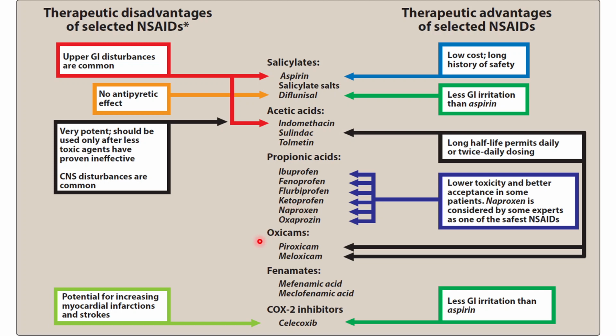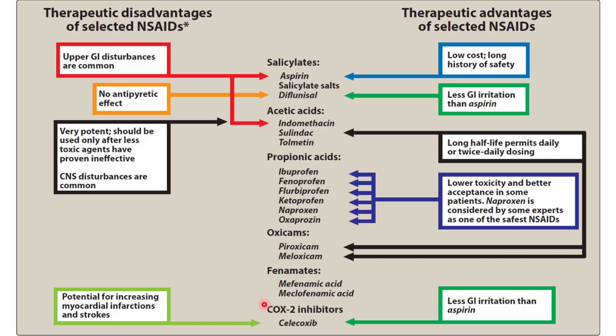Then the next group is oxicams. We have two, meloxicam and piroxicam. These are also long-acting derivatives. Then we also have mefenamic acid and meclofenamic acid. These are fenamate derivatives.